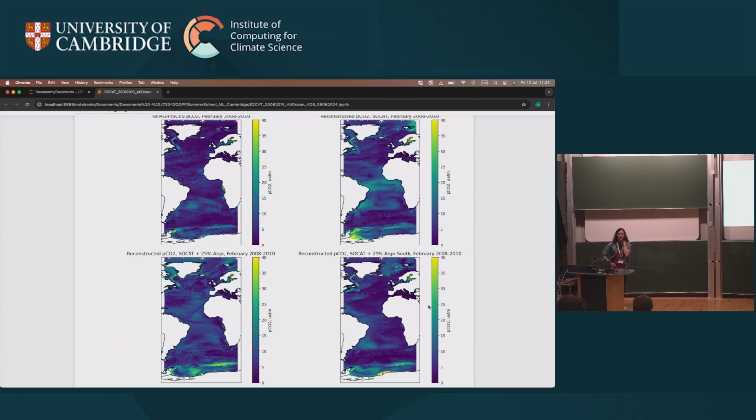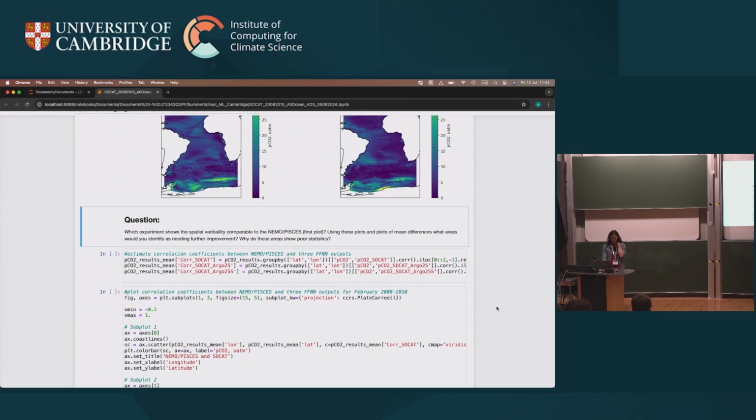As we've seen before, when we have just SOCAT data, we still have this problem in the southern hemisphere, even a bit in the north hemisphere as well. And the introduction of the Argo profiles improves our statistics quite well. The standard deviation is quite comparable with what we see in the NEMO-PISCES model. We still have some areas that need more attention, but we can speak about it a bit later.